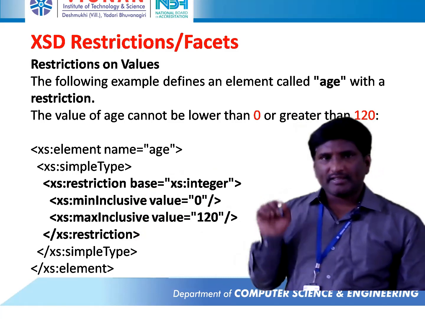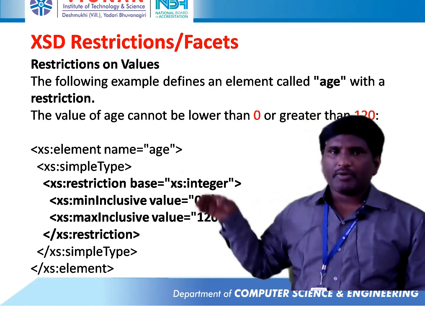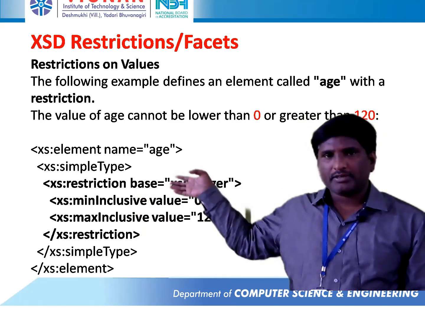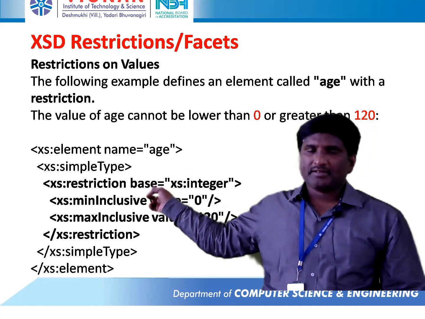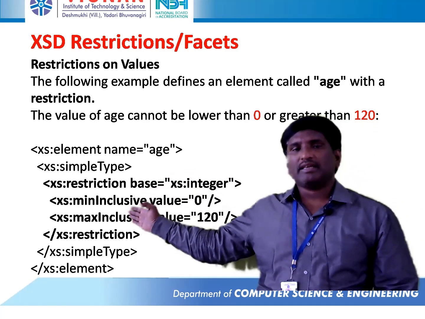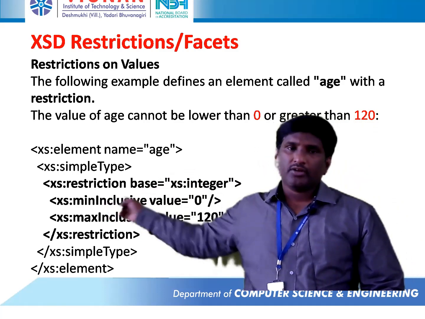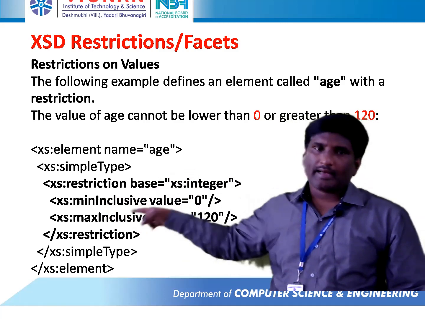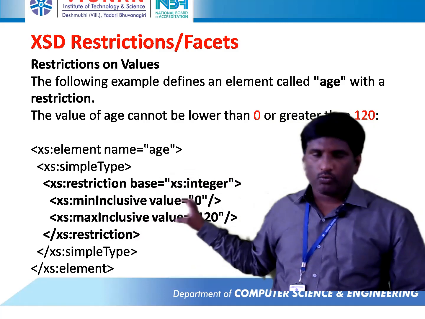In order to provide restrictions on the element age, xs:restriction, base equal to xs:integer. What is the minimum value? minInclusive, with capital I, you should observe carefully, value equal to 0, xs:maxInclusive, capital I, and value equal to 120.